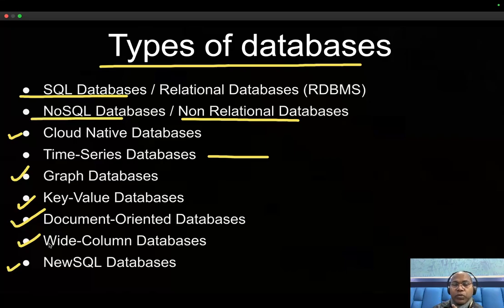Whenever we select one, we must carefully understand our application requirements: how much data I am going to store, what the nature and frequency of the data are, and what kind of customers are going to use it. Your application's use case decides which database fits.